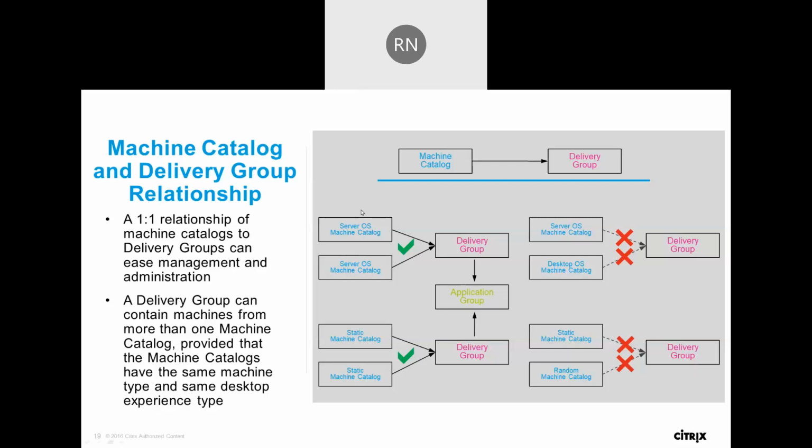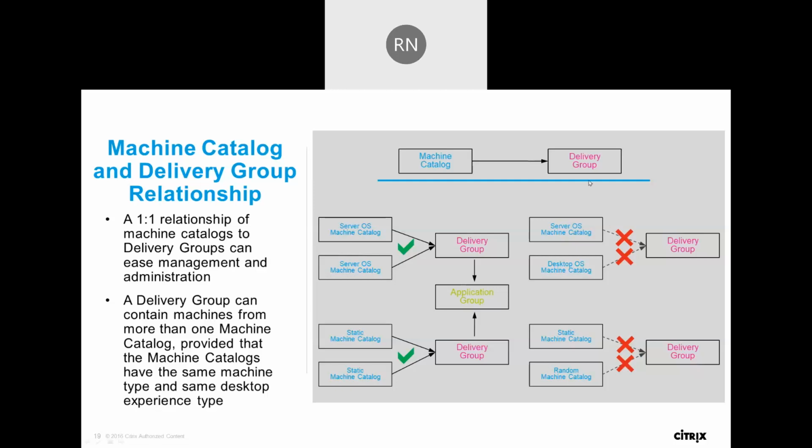There are two types of machine catalogs: server OS based machine catalogs and desktop OS based machine catalogs. Two server OS machine catalogs we can club together to create a delivery group; it is possible. On the desktop side, two static desktop machine catalogs we can club and create a delivery group; it is possible.